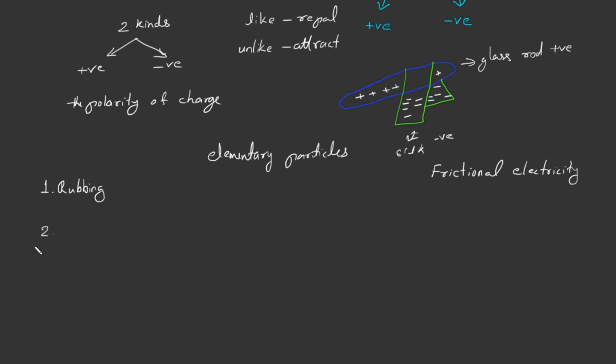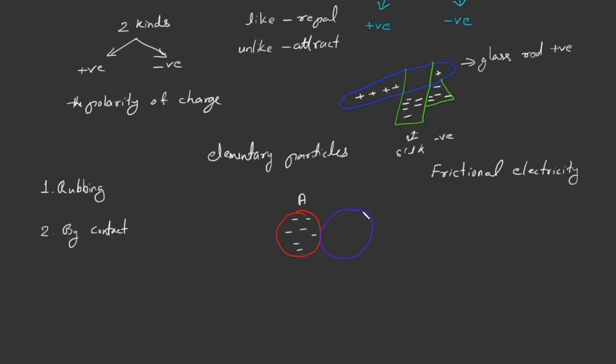The second method to charge a material is by making contact with a charged material. What happens when a charged material is brought in contact with another material? Let us consider a material A which is negatively charged.